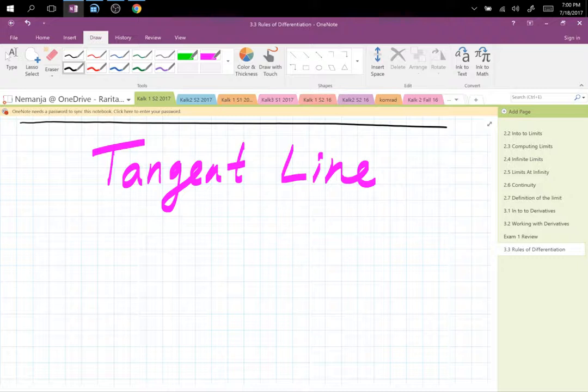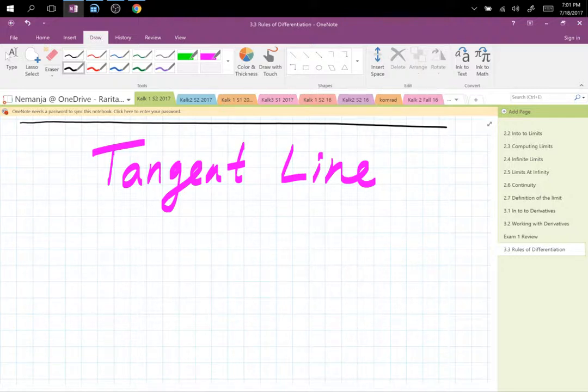Tangent line. The most important problem of chapters 3 and 4 is the tangent line problem. The derivative measures the change; the slope of the tangent line measures the change, because that's what the derivative gives. So figuring out the tangent line is the central problem of Calculus 1.